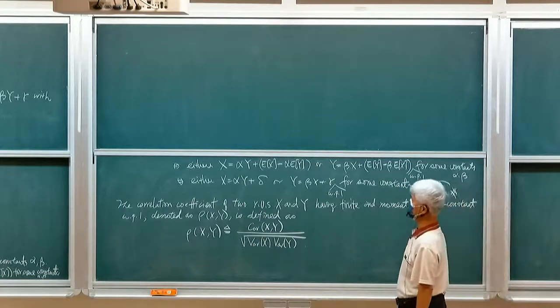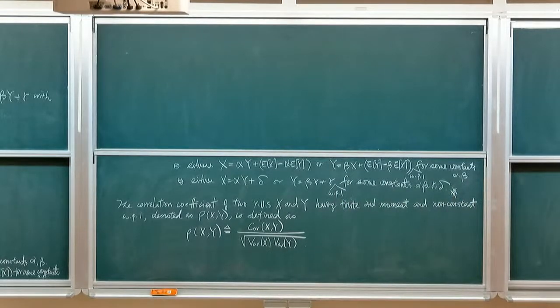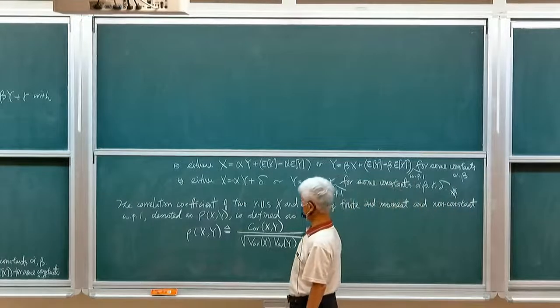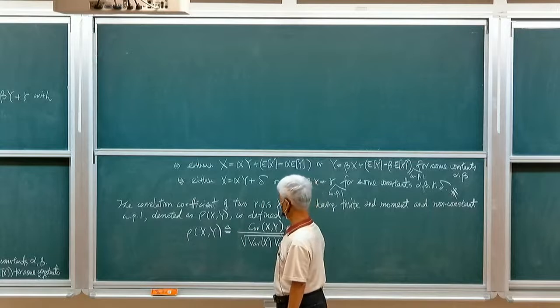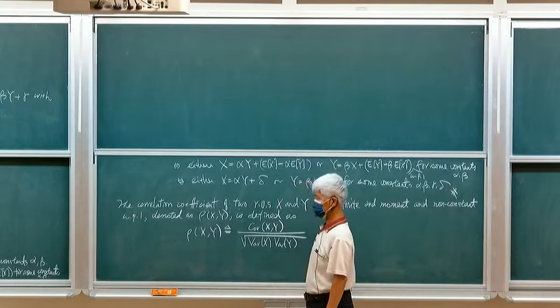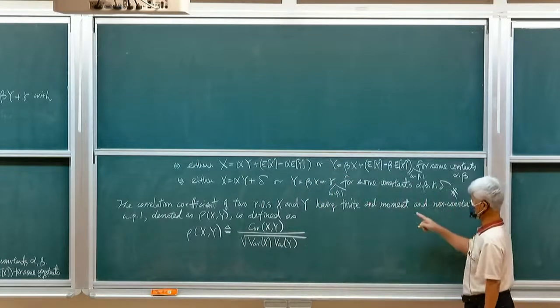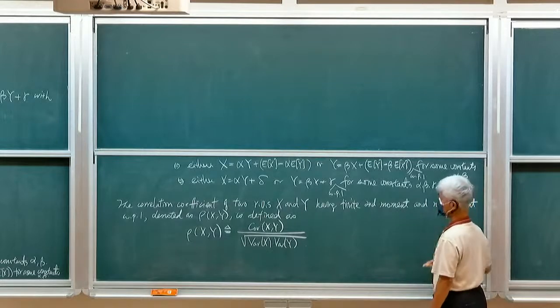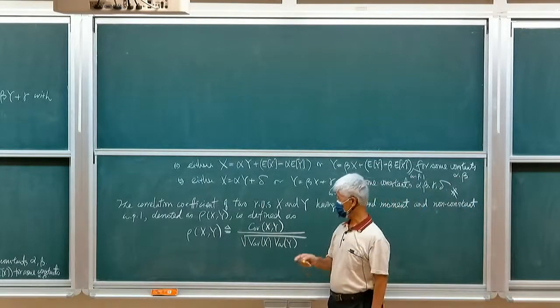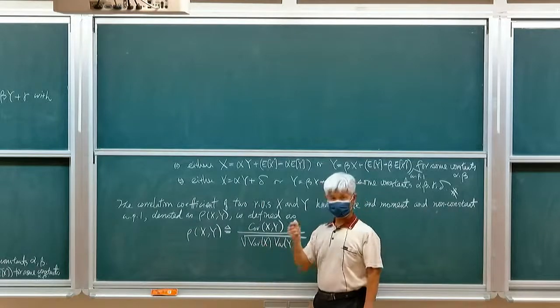The requirement that X and Y have a finite second moment is because we want to compute the variance of X and Y. And the requirement that X and Y are non-constant with probability 1 is because if X is constant with probability 1, then the variance of X is 0.